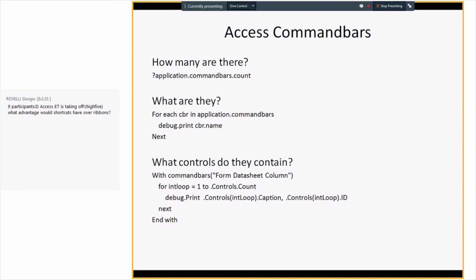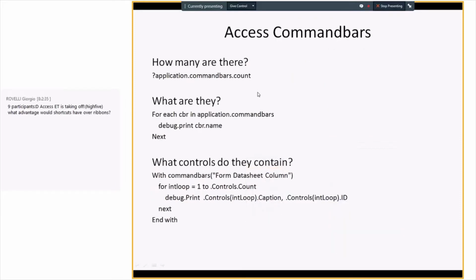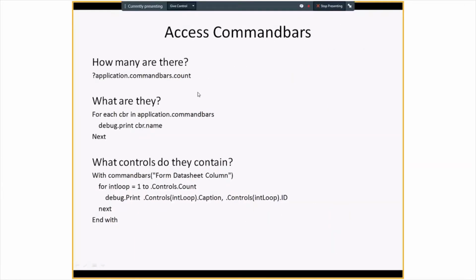So right now it's close to 200 shortcut menus or command bar menus in Access. Not all of those are shortcut menus, but a large number of them are. And to find out how many there are on any given version of Access that you're running, you can use a simple command, print application.commandbars.count.